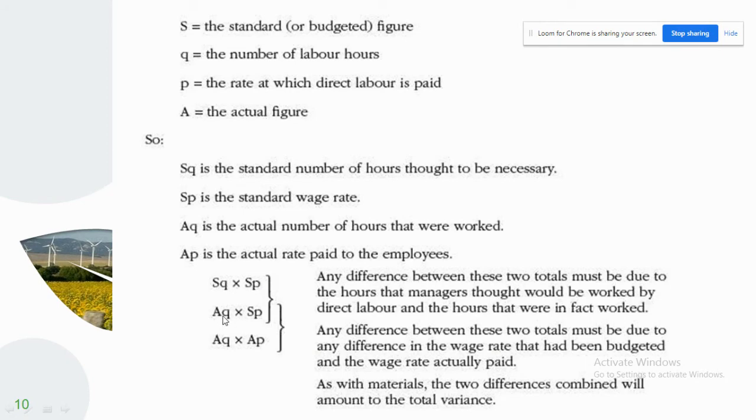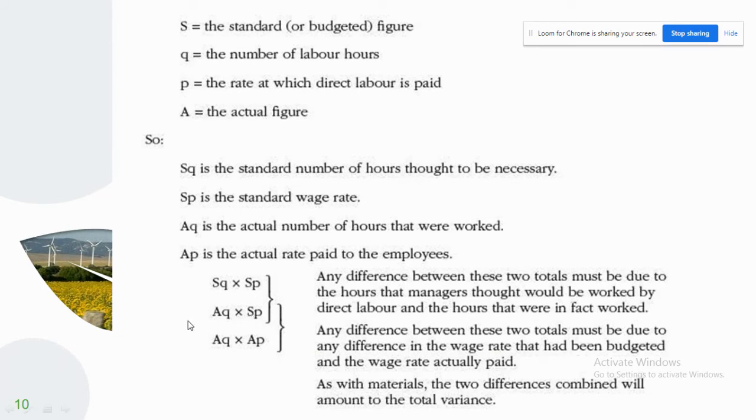AQ is actual number of hours worked. So this multiplied by this minus this multiplied by this will give us direct labor efficiency subvariance.